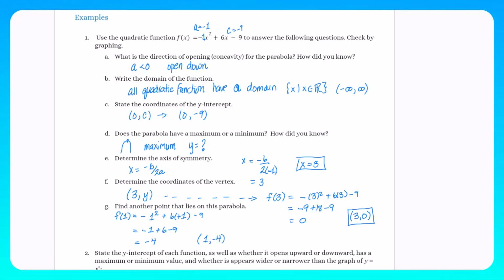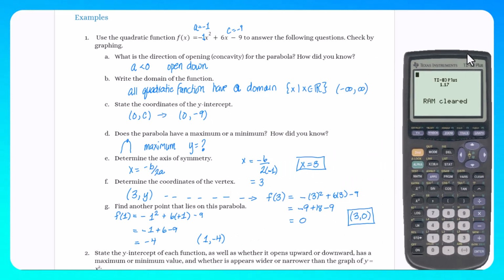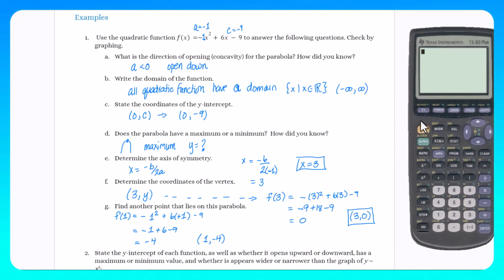Now it asks us to check this by graphing. Let's get our calculator out. And we're going to put in our y equals negative x squared. Notice I used the negative button. Plus 6x minus 9.